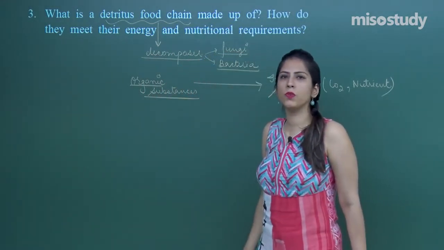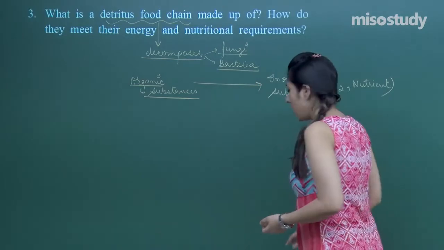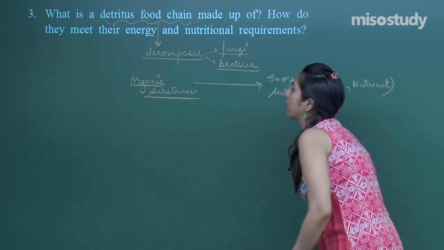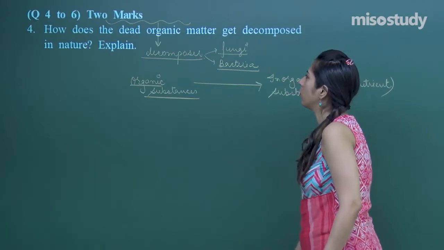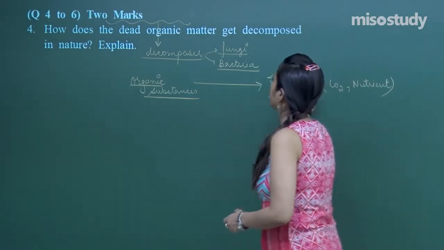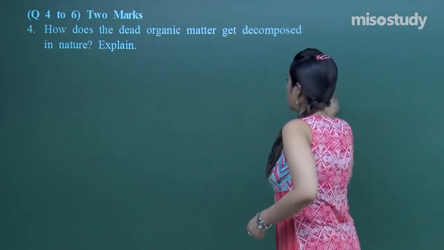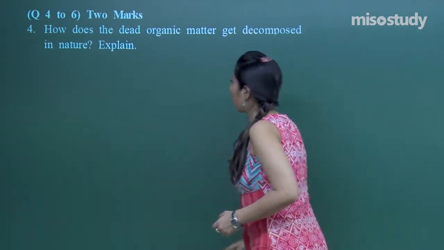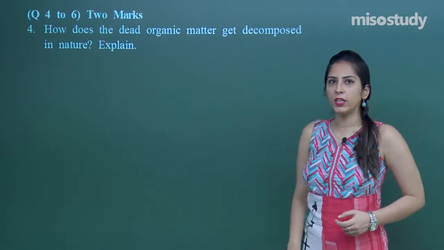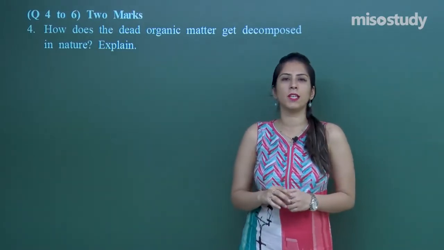Now with this we have completed one type of question. Let's move on to the next category. Question number 4. Now, why have I chosen the same question? Question number 3 and question number 4 are almost the same.